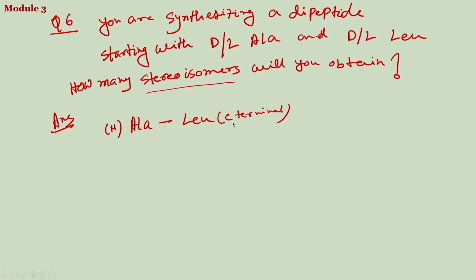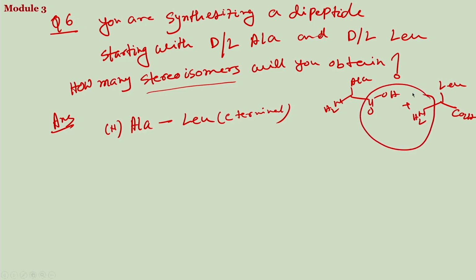Very quickly, I am just writing ALA here and LEU, because alanine and leucine have no functional group side chains. This is acid, this is amine. If you react here, then you have the amine free for the alanine, which is called N-terminal, and the acid free for leucine, which is called the C-terminal.